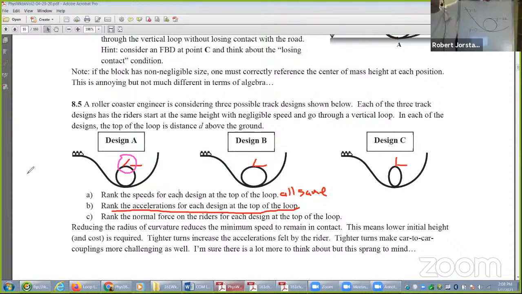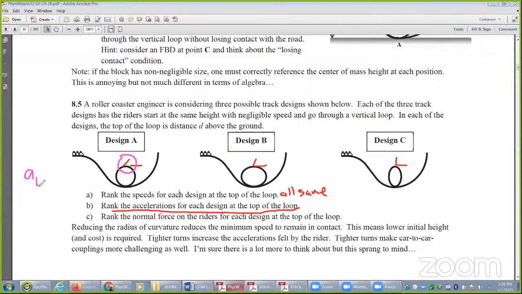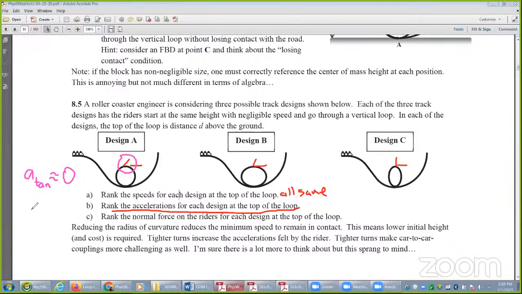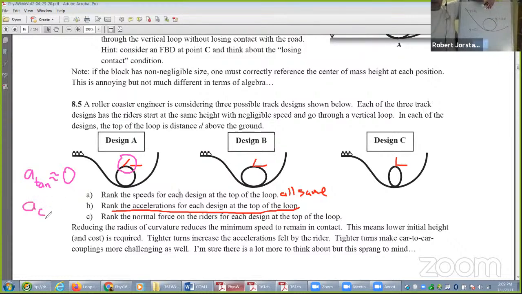One component of acceleration is 0 at the top. Which one? The a_y? The a_tan? They're going in circles, right? Aha. We're assuming a_tan is essentially equal to 0 at the top. However, are they all moving in circular motion? Yes. At any instant, any motion could be viewed as circular. They are doing this, and it's v squared over r.